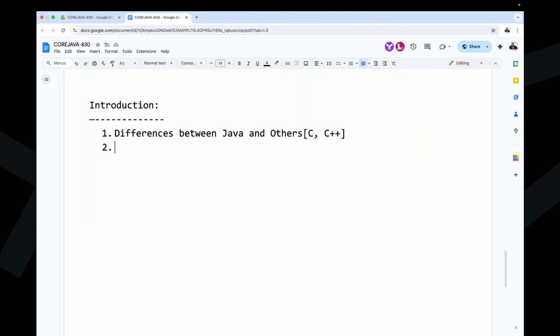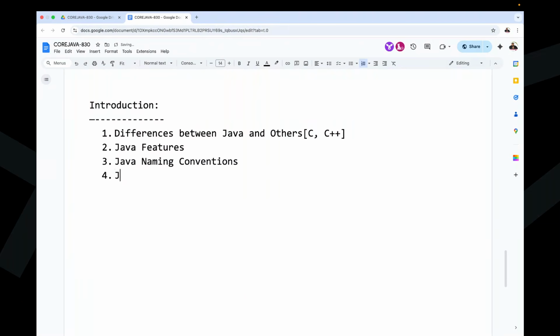After understanding the differences between Java and others, the next topic is Java features. After Java features, Java naming conventions.